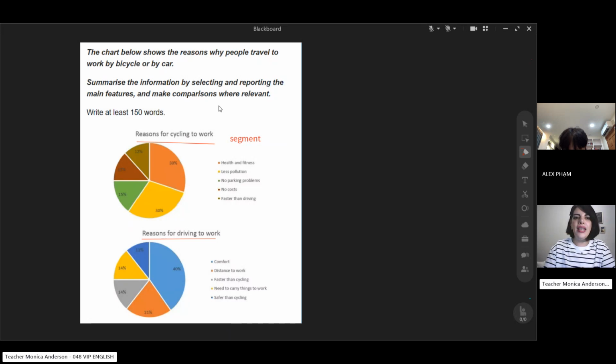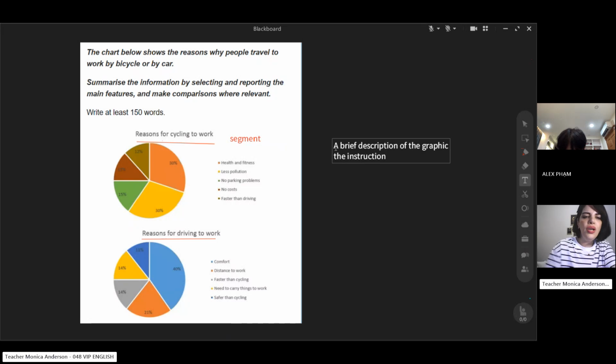So let me write. First, as you can see, we have a brief description of the graphic. The second one, the instruction. So what to do.